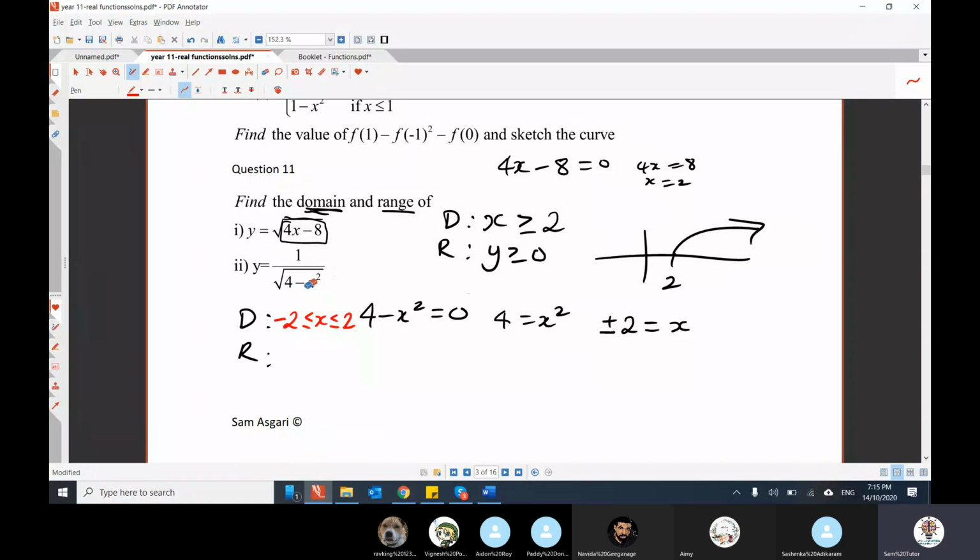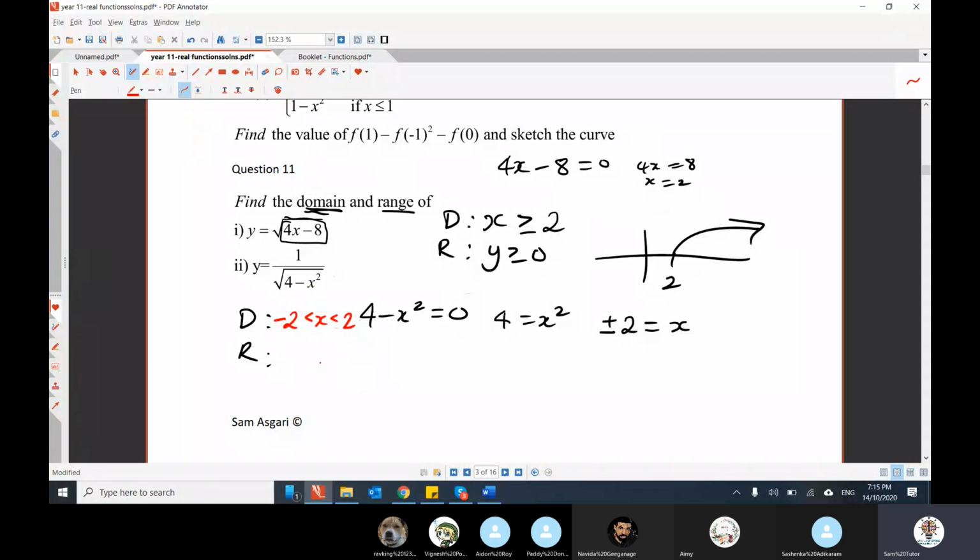Because if x squared is 4, 4 take away 4 is 0, 1 over 0 is impossible. So the answer is actually all the numbers between -2 and 2, not including -2 or 2. So that's a tricky one, but there you go. Completely allowed. I've seen it in almost every exam. So be aware of that.